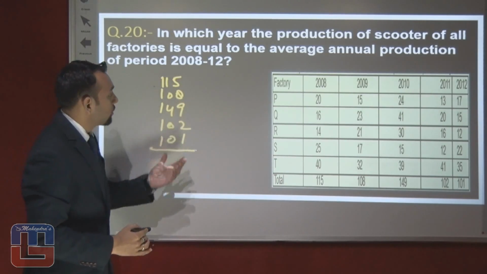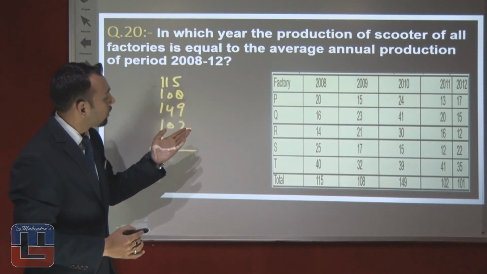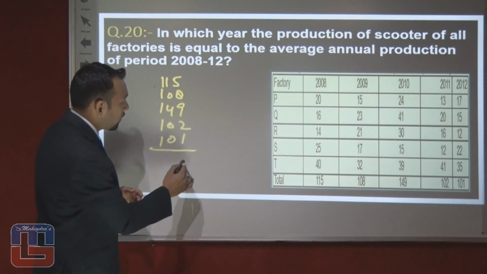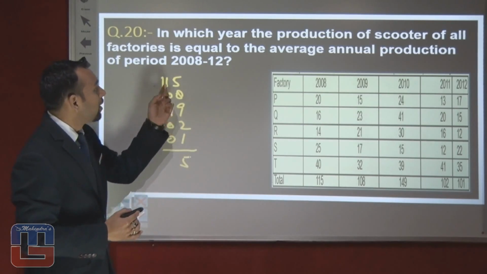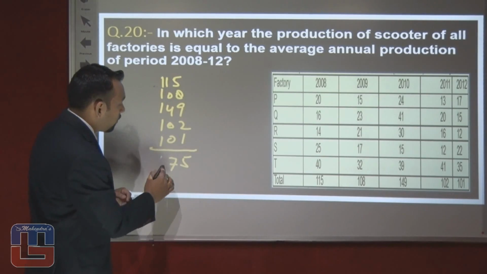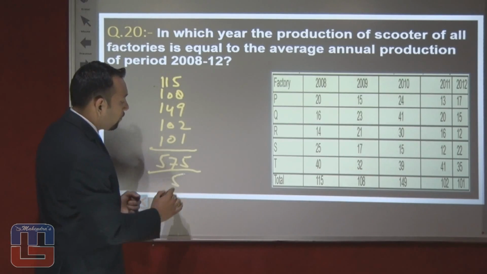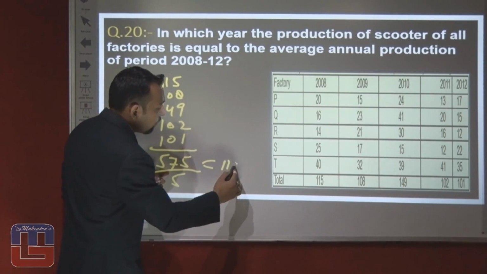Now add all these one. 5 plus 8, 13 plus 9, 22 plus 2, 24 plus 1, 25, carry 2 plus 4, 6 plus 1, 7, 1, 2, 3, 4, 5 is right, and we have to find the average, then divide by 5. So here you will get 115.